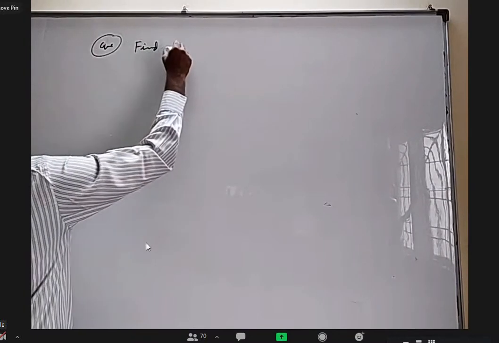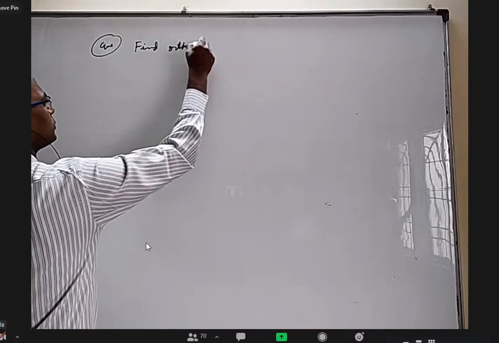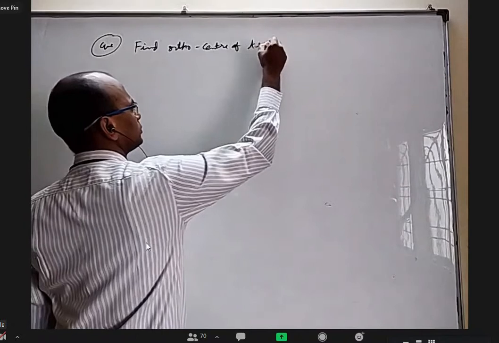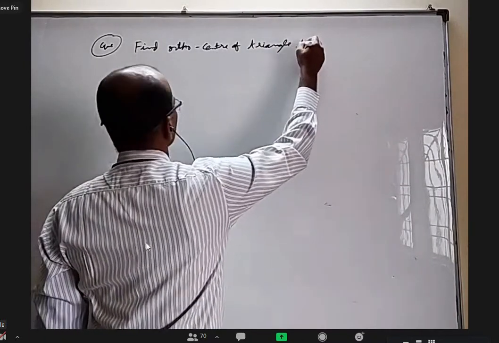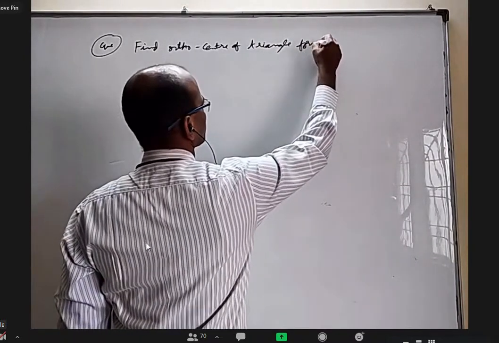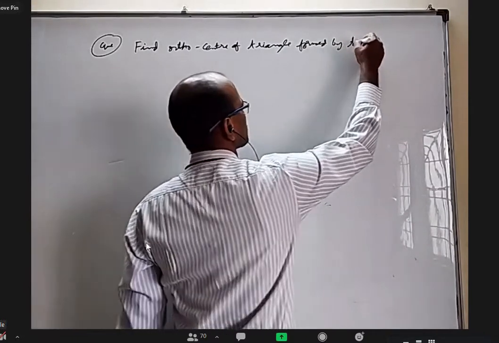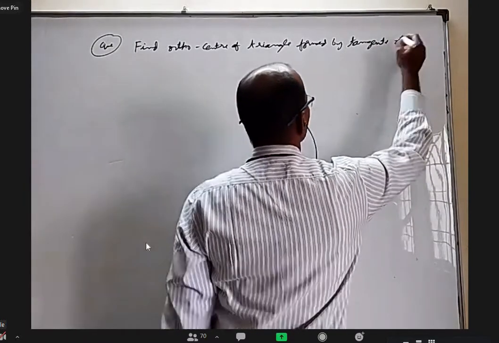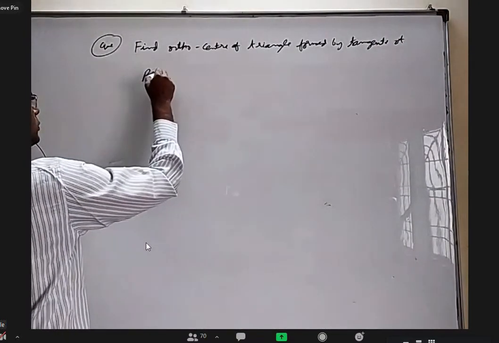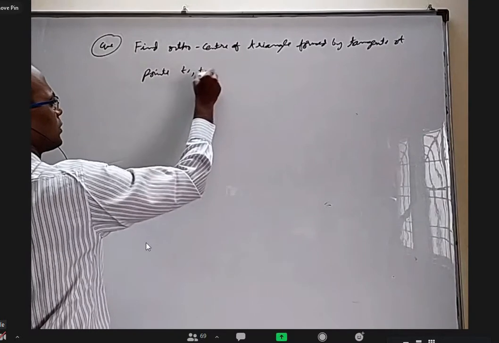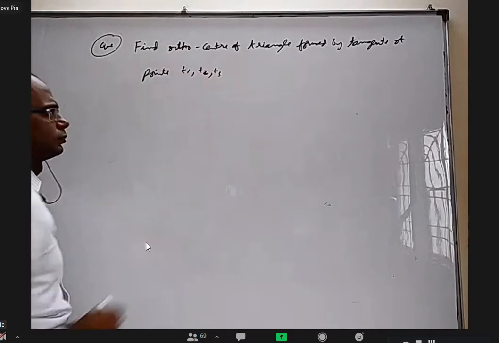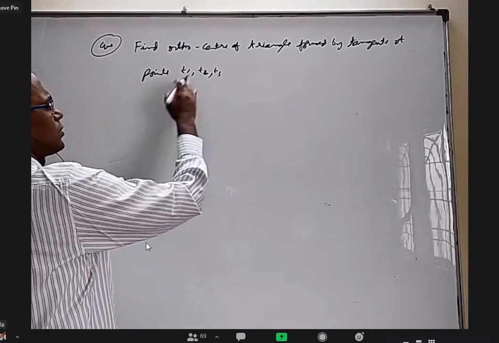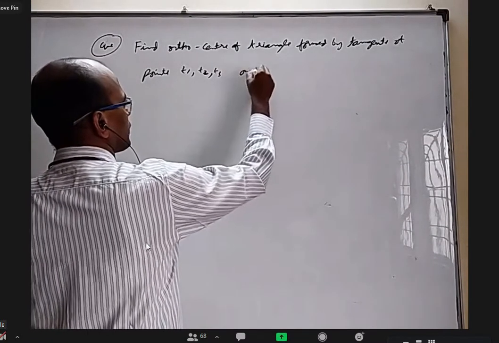Find orthocenter of triangle formed by tangents at points T1, T2, T3 on y square equal to 4ax.